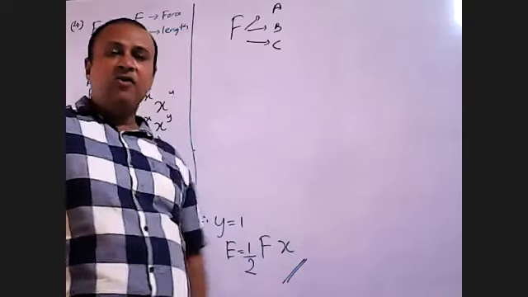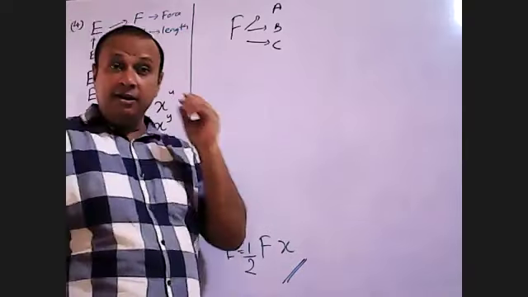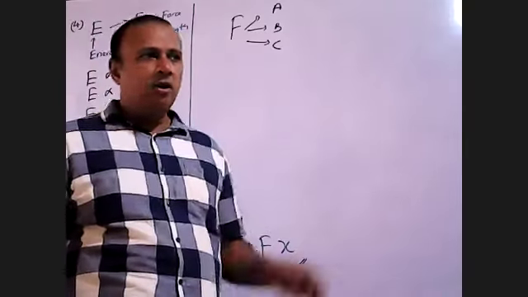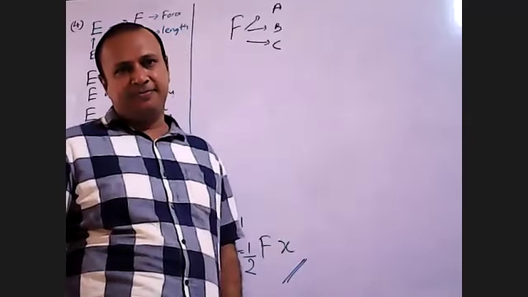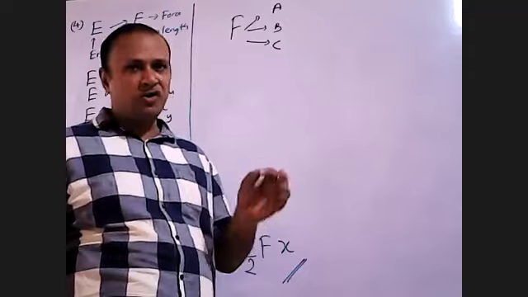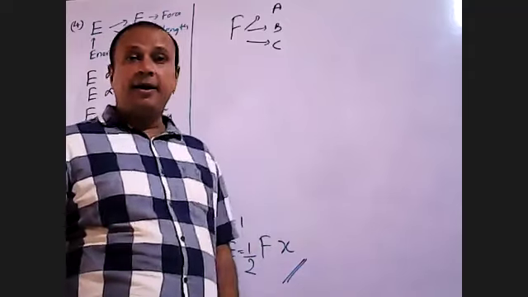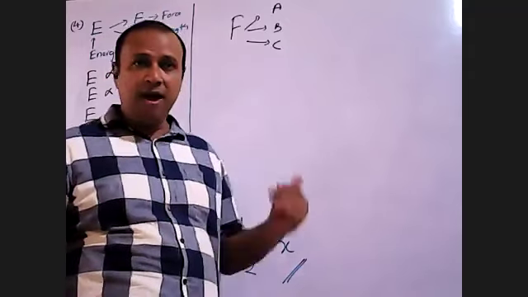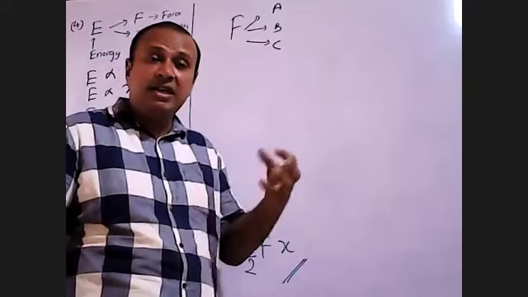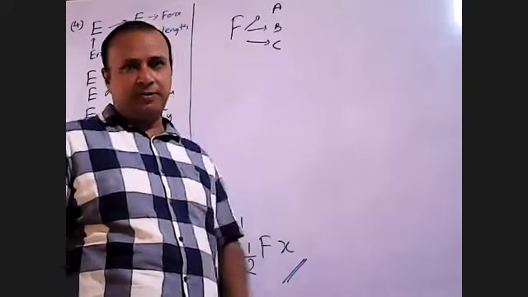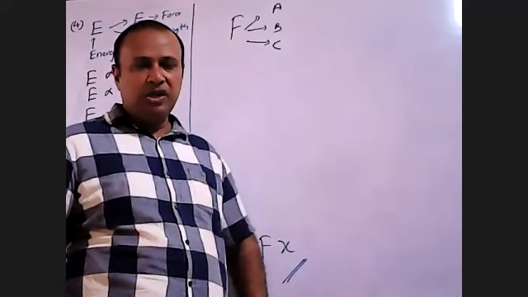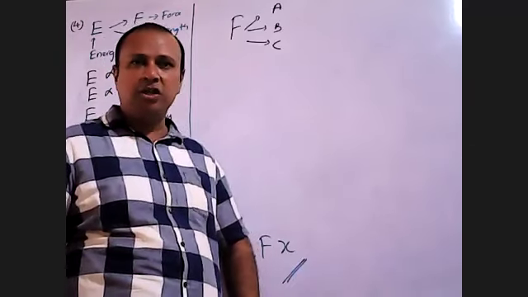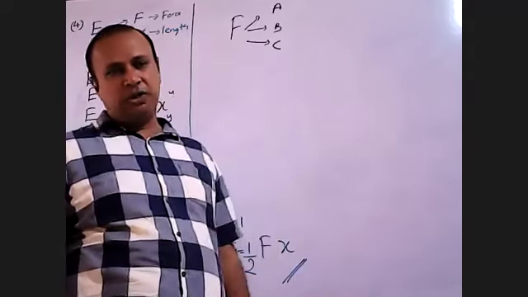Then using the facts, figures, and observations, we can determine the proportionality constant. Therefore, the proportionality constant cannot be determined by dimensional analysis, but it can be determined using experimental analysis.